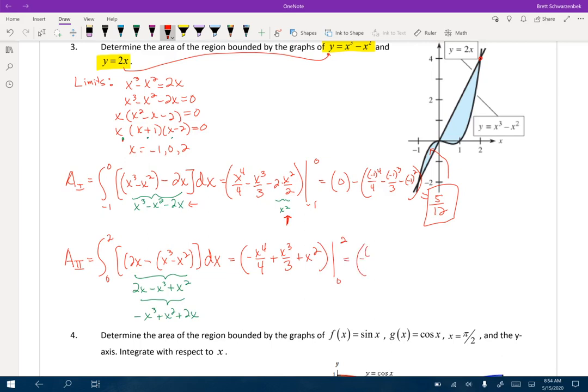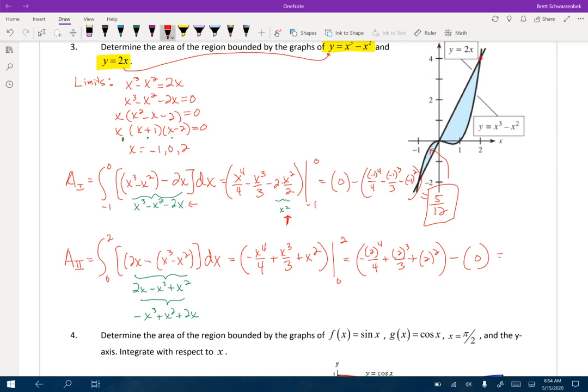So therefore, we're going to get 2 to the 4th over 4 plus 2 cubed over 3 plus 2 squared. Minus, and lucky enough, we have a 0 being thrown into all of these here, which creates 0 across the board. So what will we get?